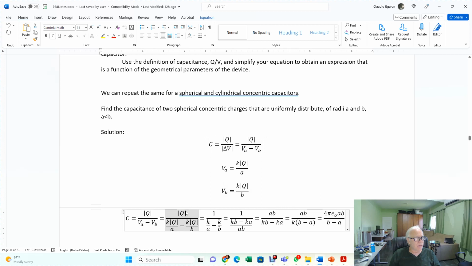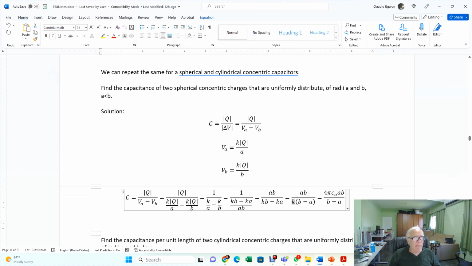The Q is going to cancel out. And like before, we are going to have an expression that's a function only of the geometric parameters of the capacitor plus this universal constant K, which can be written as 4 pi epsilon naught. Okay? And that's the capacitance of the spherical capacitor.